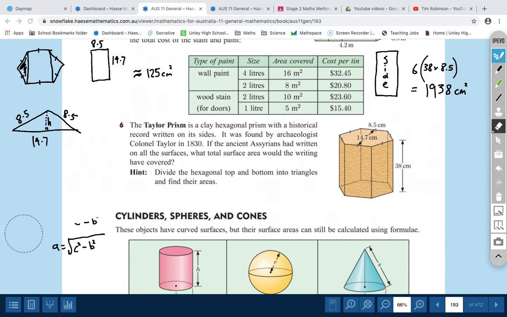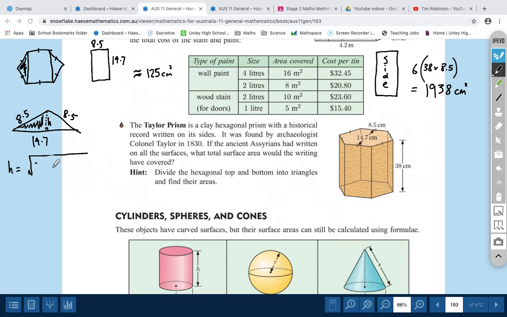Okay, so let's get that height. I'm going to need a calculator. The height is going to be the square root of, now I'm just looking in this right angle triangle in here. It's actually only half of these two triangles that's in the diagram. So if we half 14.7, we'd get 7, what am I doing? This isn't right. We need to start with the long side.